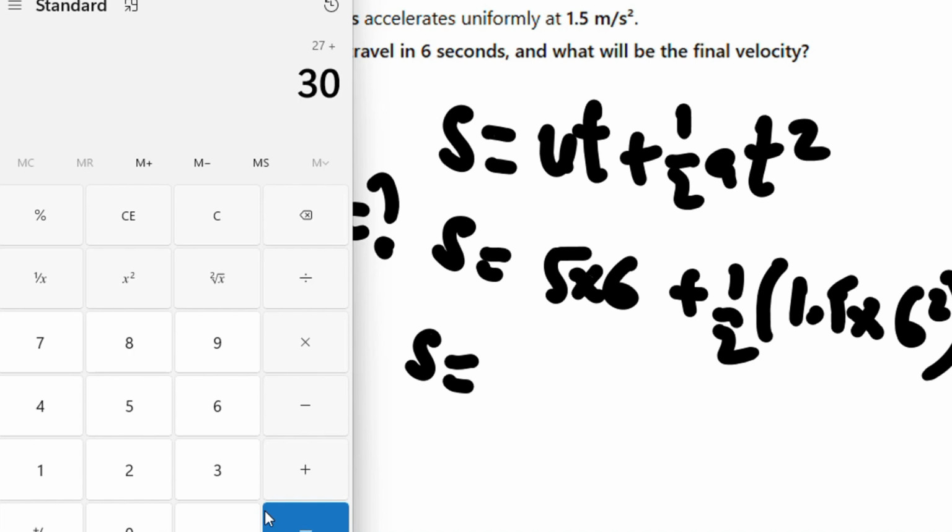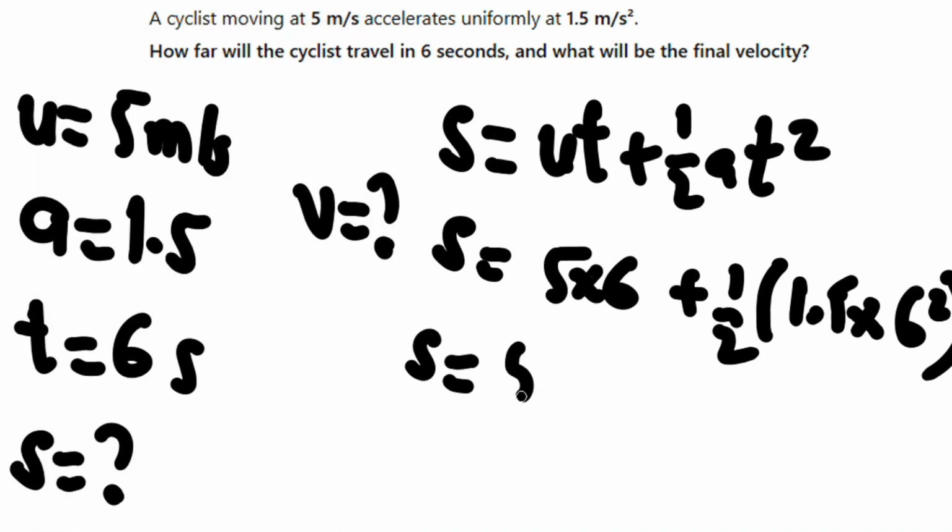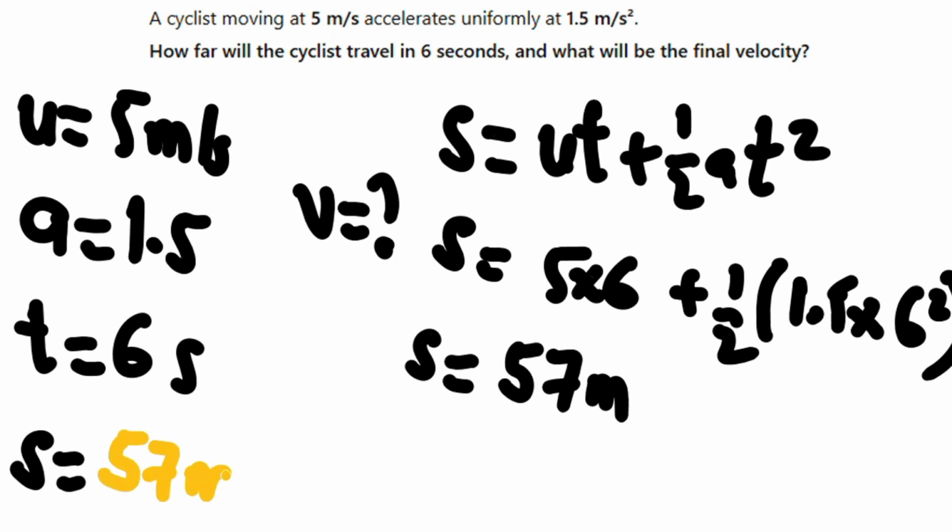It's going to be 30 plus that, equal to 57. So I have 57 meters as the answer for this. So s is equal to 57 meters.